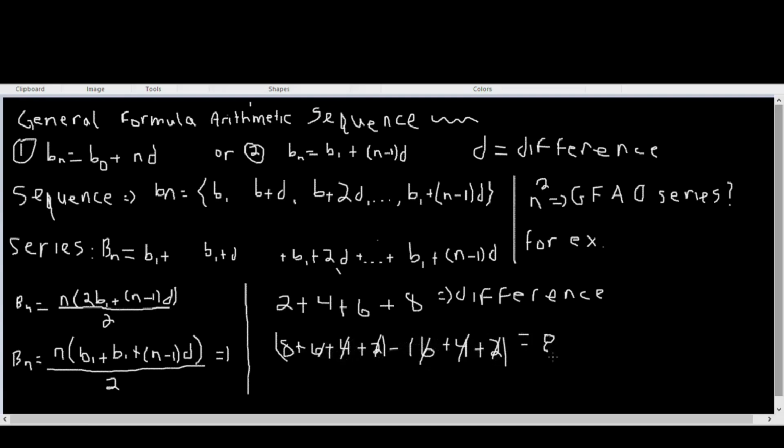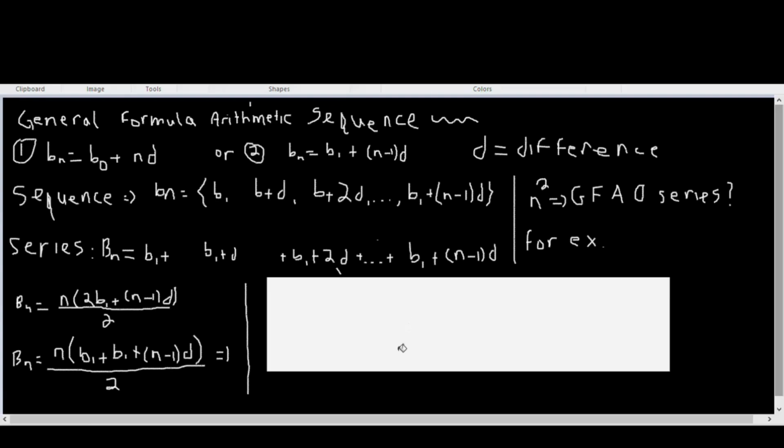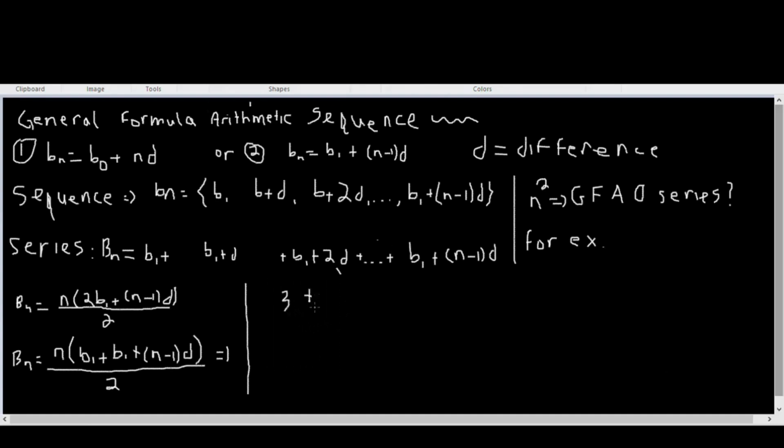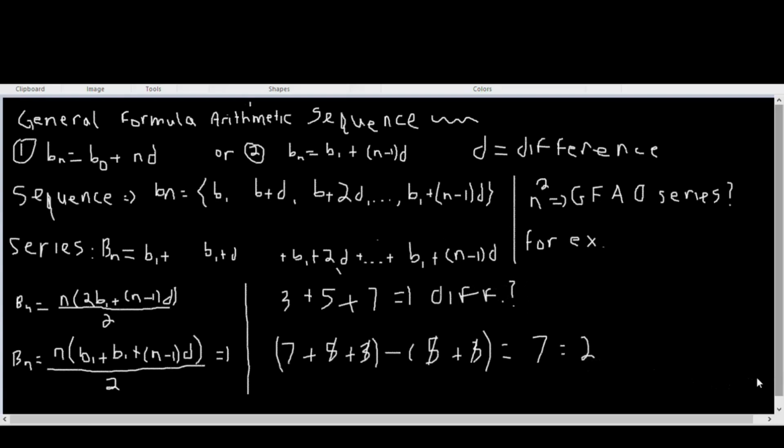But if one series has one more term than the other series, and then if we subtract them, we're just going to be left with one term. Make sense? If we subtract 2 similar series, and one series has one more term than the first series, then what are we going to get left over? One term. Nice. And we're left with the general formula for the arithmetic odd integer sequence.